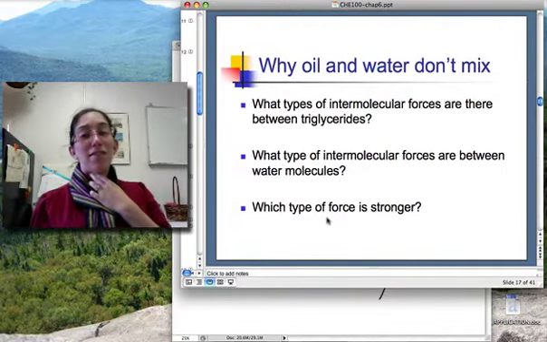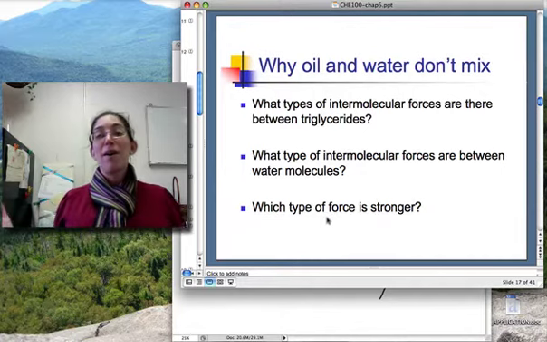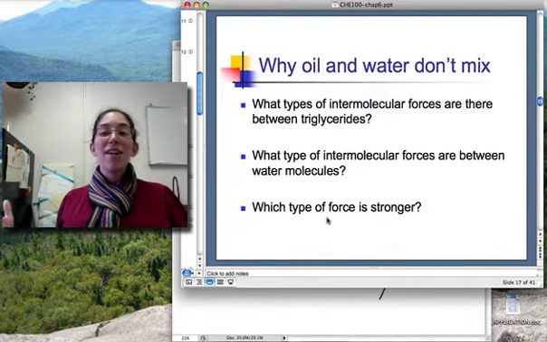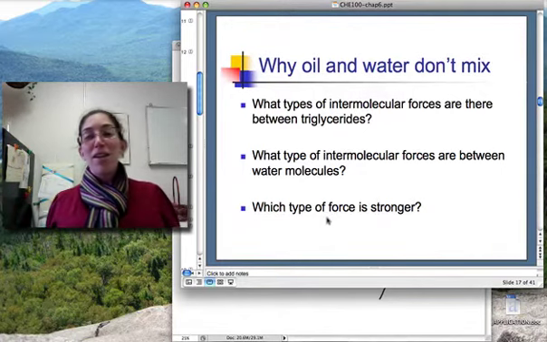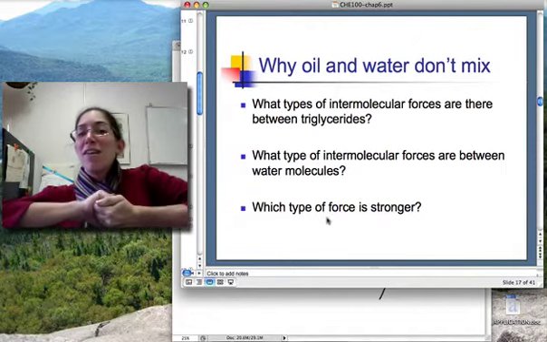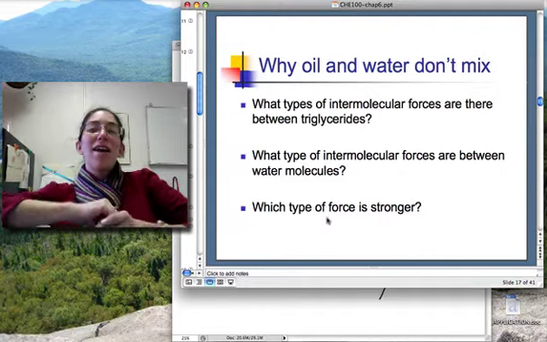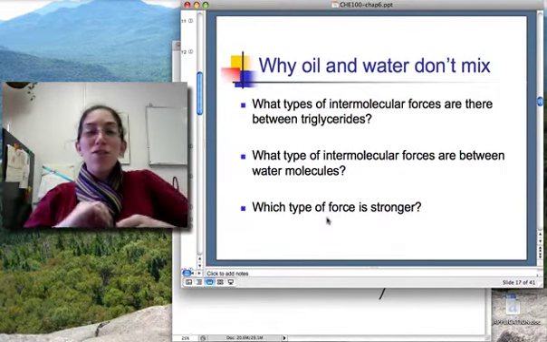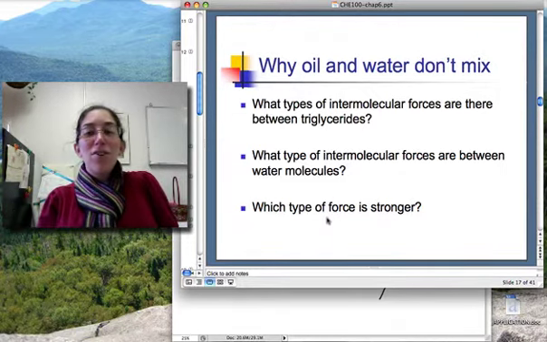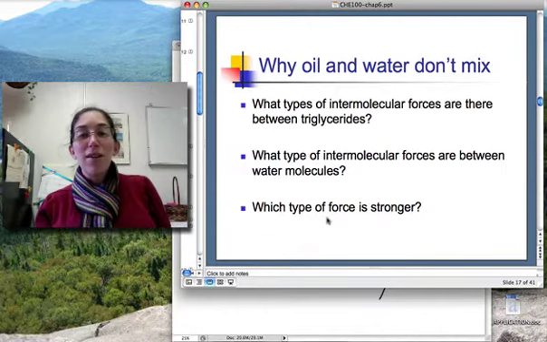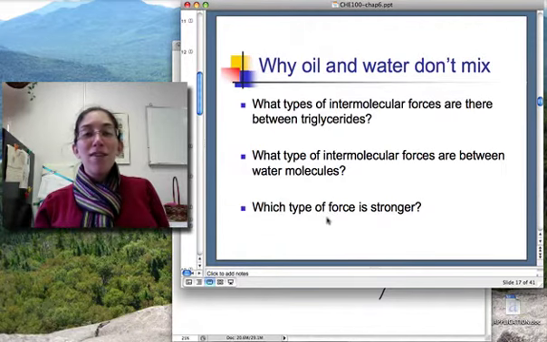So picture this. You have a whole bunch of water molecules. It's like a clique of kids at high school. These water molecules are all engaged in really tight hydrogen bonds, and those are really strong attractions. Then you pour some oil into the water, and those triglycerides can't engage in hydrogen bonding.